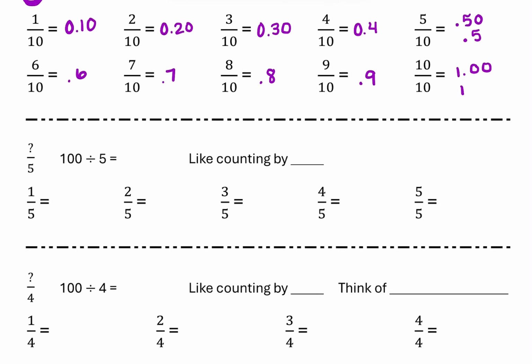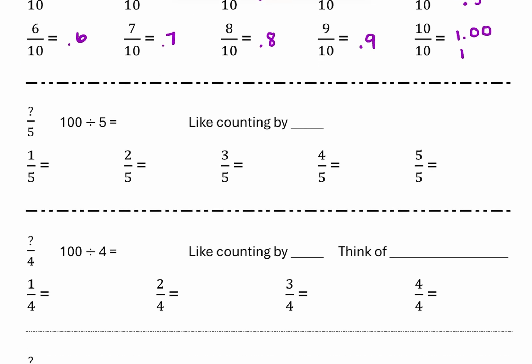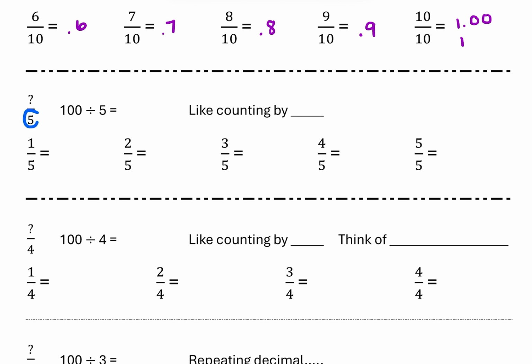So the next one, if we have a fraction that has a 5 on the bottom. So 100 divided by 5 is 20. So we are counting by 20s. So 1/5 would be like just 20. So 0.20 or 0.2, same thing. 2/5 would be like 40. So 40 cents or 0.4.